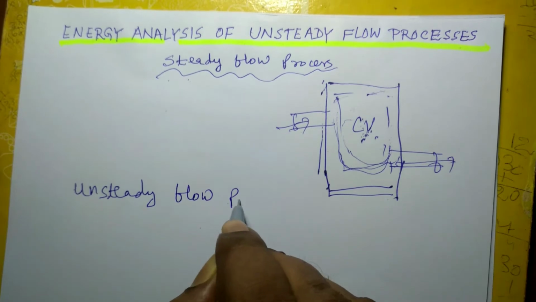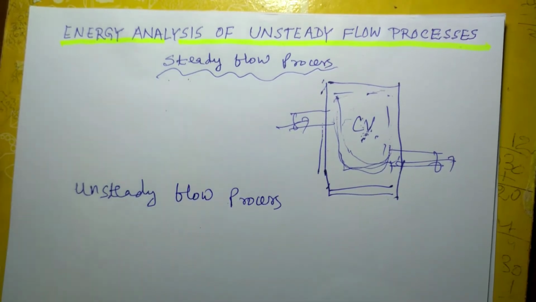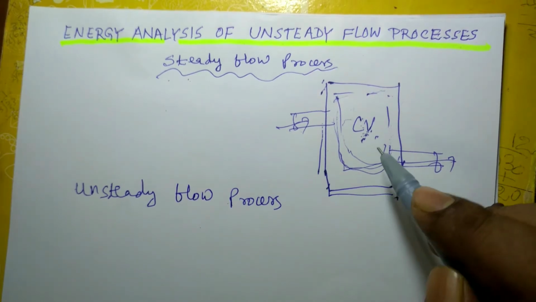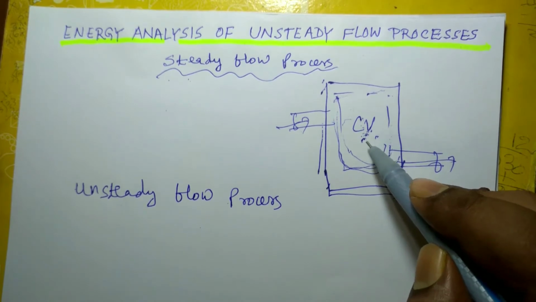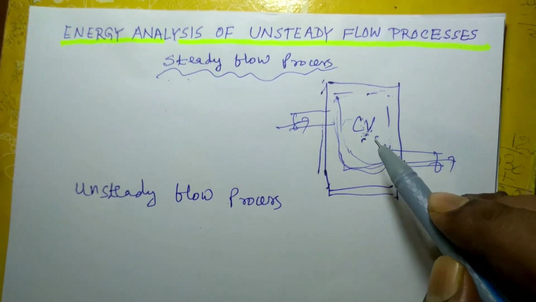Unsteady flow process में some changes can occur within the control volume. We must keep track of the changes that occur within the control volume in terms of mass and energy.